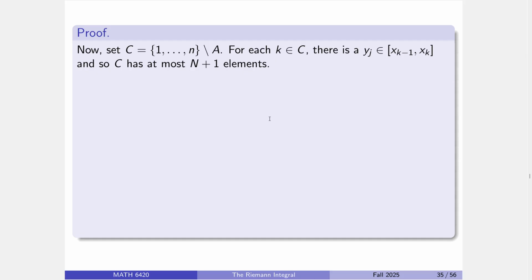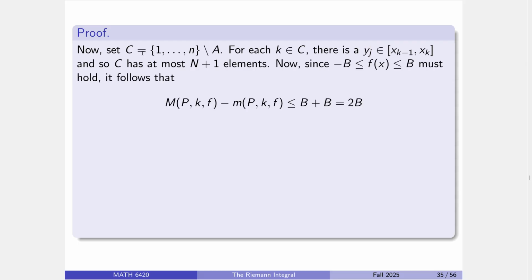Right. Now, for the ones that do work, this means that each of the original partition elements landed in one of the new subintervals. And this one had n elements, so this exceptional set C has at most n plus 1.